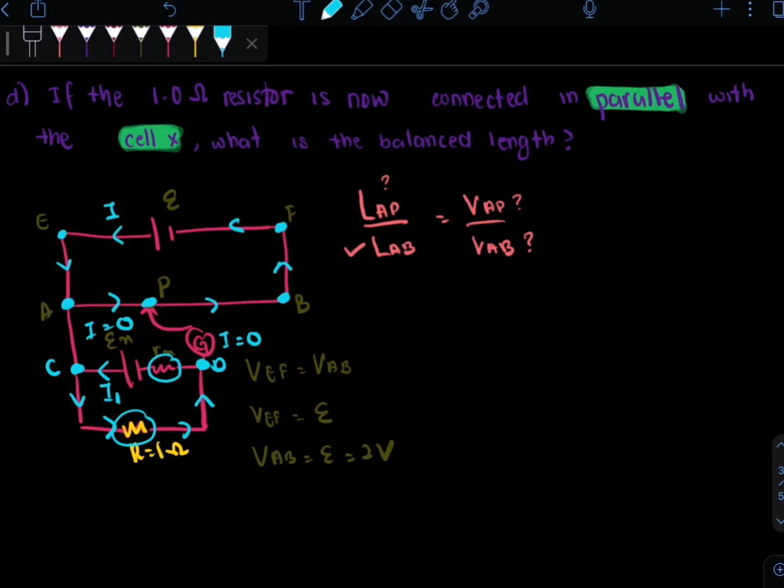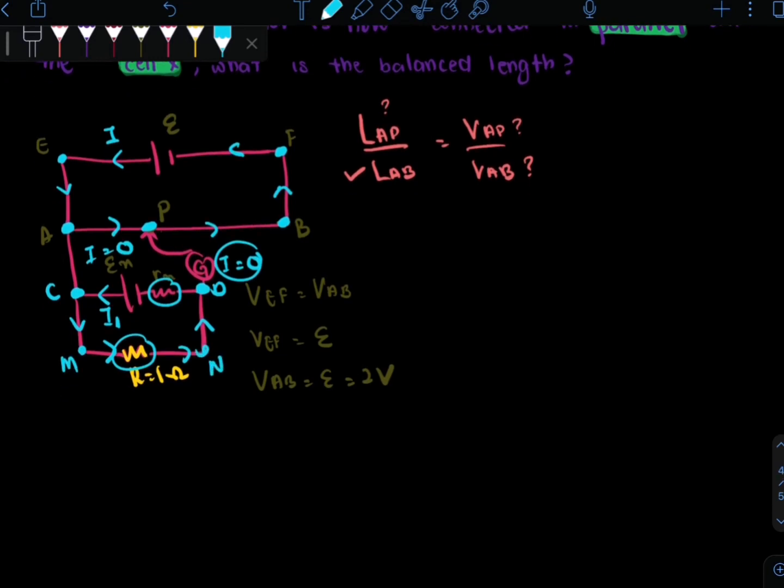So, based on this one, potential AB akan sama dengan potential CD because kita balancekan length dia, I reads a 0. Begitu juga potential CD ini akan sama dengan potential MN ini. Okay, they are going to be the same dekat sini.